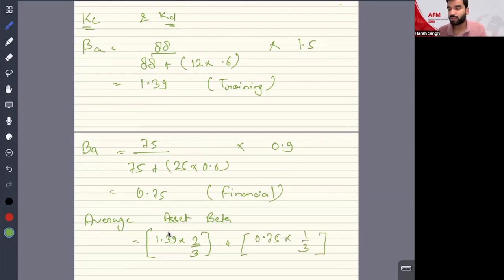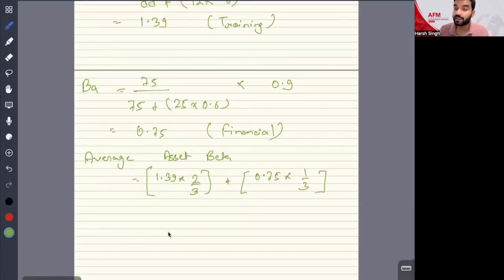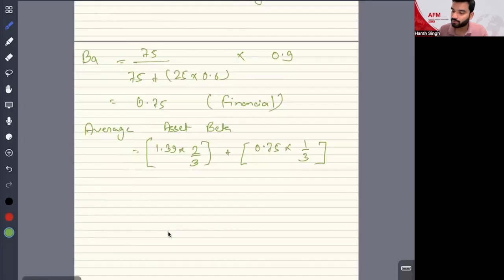Otherwise, there was no requirement to calculate beta assets. We could have directly taken that. This can only be done in beta asset because beta asset talks about business risk. Beta equity talks about financial risk, everyone. Please remember that part. So what is the total? Let's find that out. 1.25, 1.18 will be your asset beta.